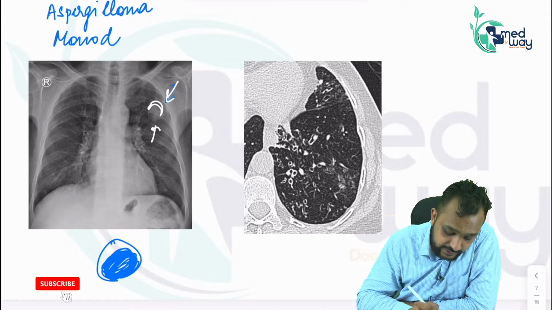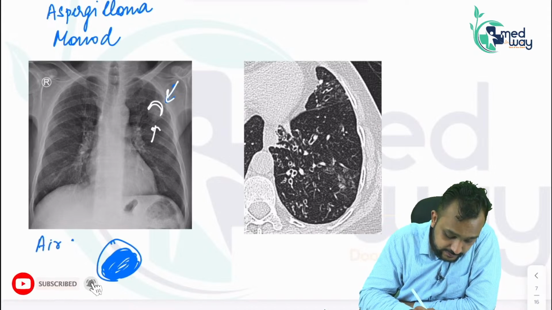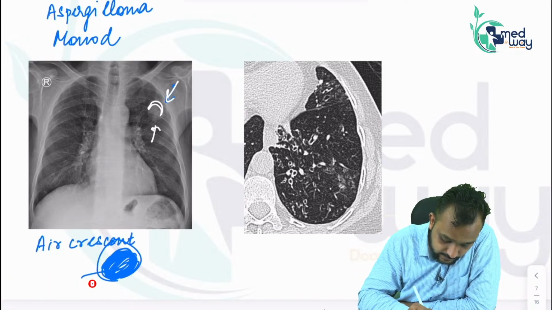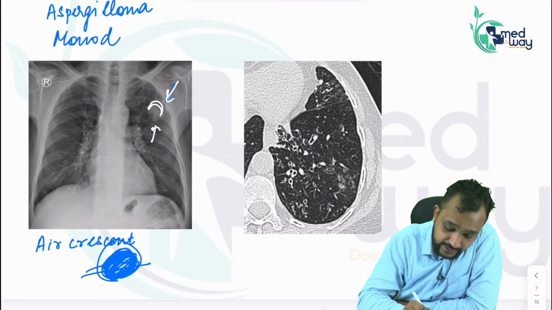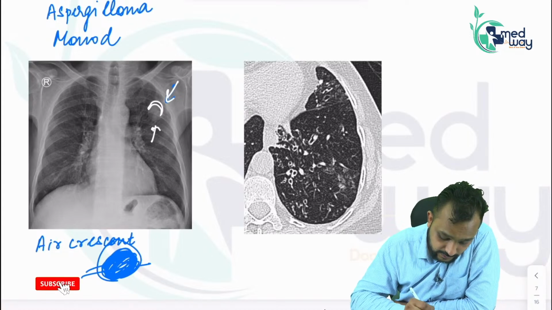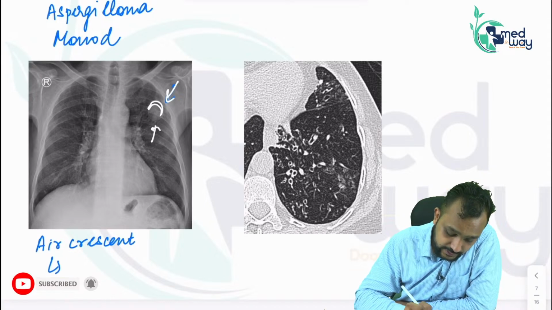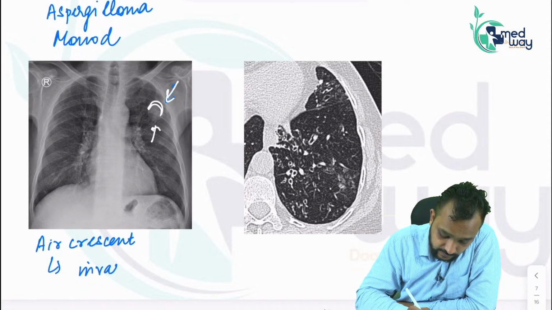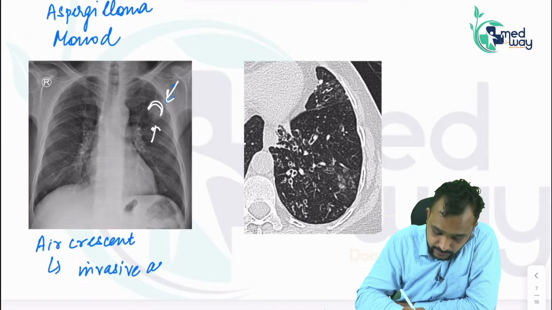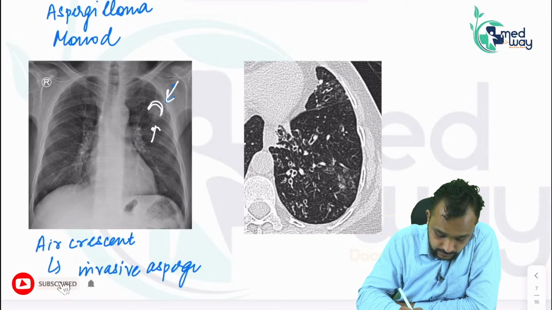So many of you guys can confuse it with air crescent sign. So let me tell you, air crescent sign and Monod sign have similar appearances, but these are not seen in the same patients. Air crescent sign is seen in invasive aspergillosis, right?